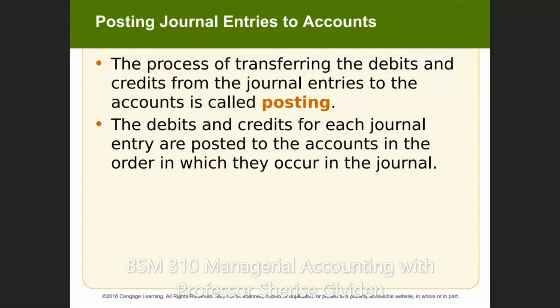The process of transferring the debits and credits from the journal entries to the accounts is called posting. Again, just make sure you know the terminology. The debits and credits for each journal entry are posted to the accounts in the order in which they occur in the journal.